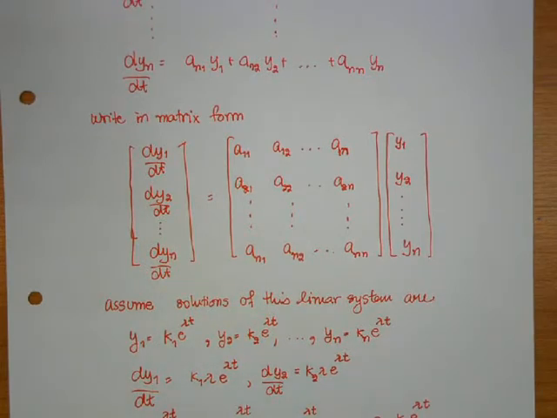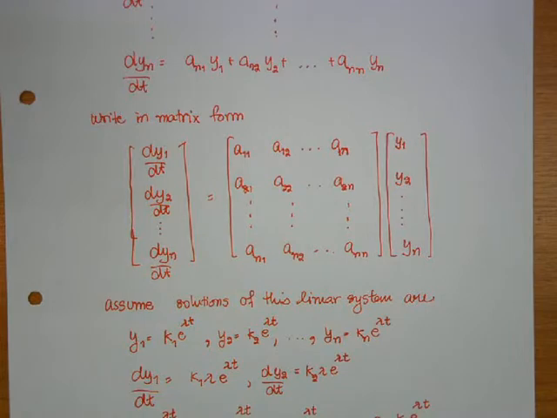And then we do it with y2, y3, and yn. So for y2, we would get k2 times lambda times exponential of lambda t. Likewise for y3, y4, until yn. For yn, we would get kn times lambda times exponential of lambda t.